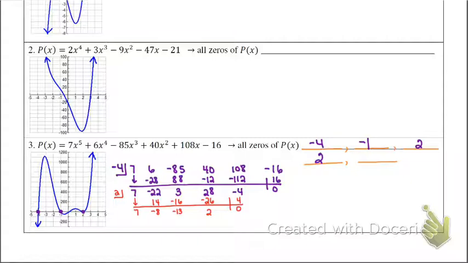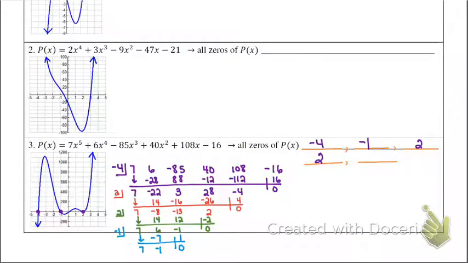And I had 2 twice, so I'm going to go ahead and do 2 again. I'm using my depressed polynomial each time, so my row is getting shorter each time. And finally, my last 0 that I think I found is negative 1. And it was 0, so that is correct.